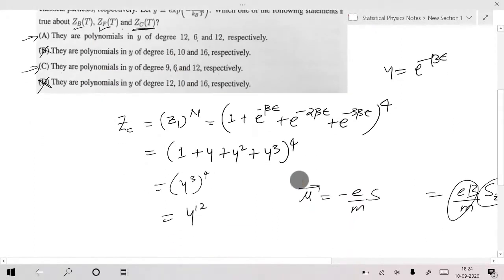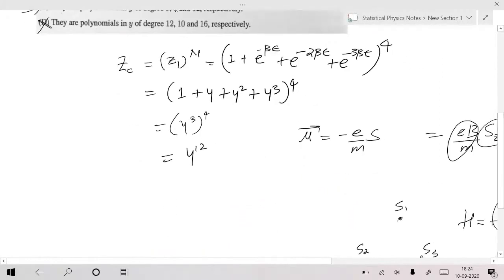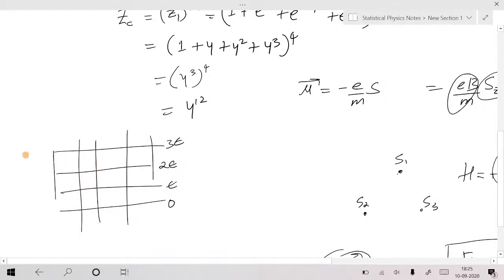You should go for ZB. Am I right? Now, in the case of ZB, you have 4 states: 0, E, 2E, 3E. You will start distributing the particles, and with 4 particles and 4 states it takes a lot of time to find the total number of possibilities.